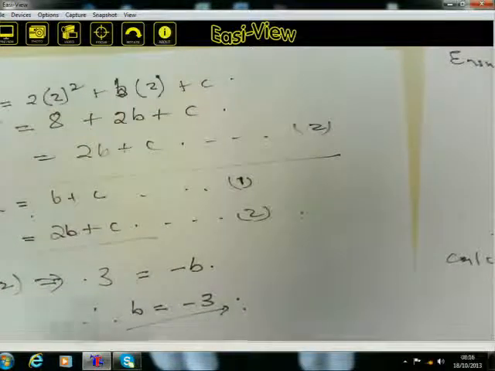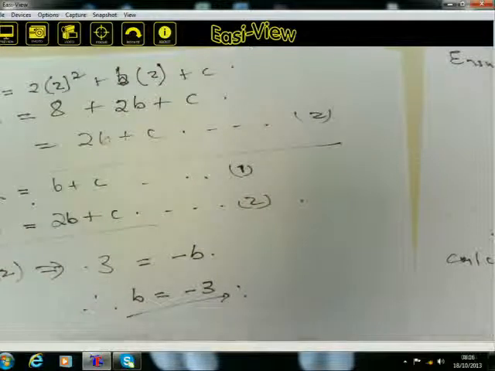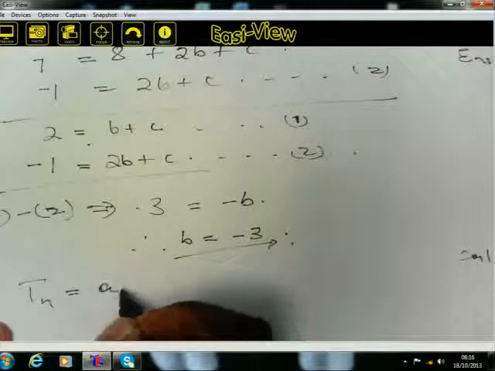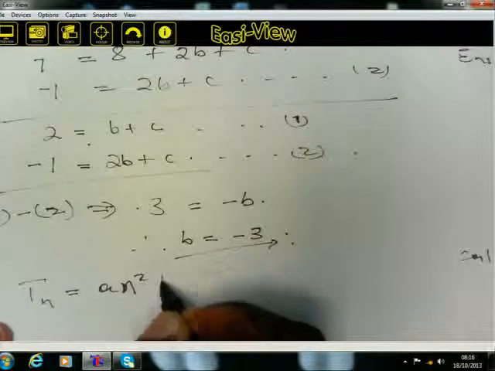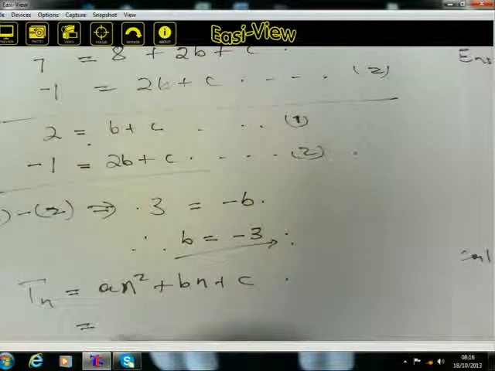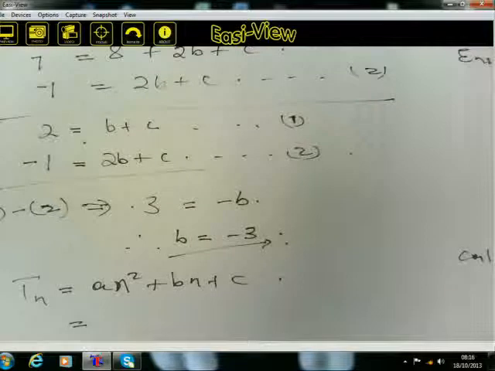Now let's see in the original equation. In the original equation, we had Tn equals an squared plus bn plus c. The first term was 4.